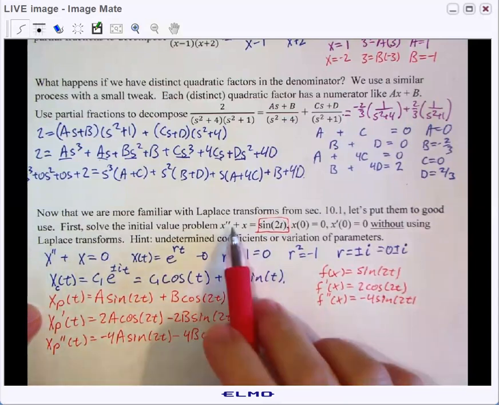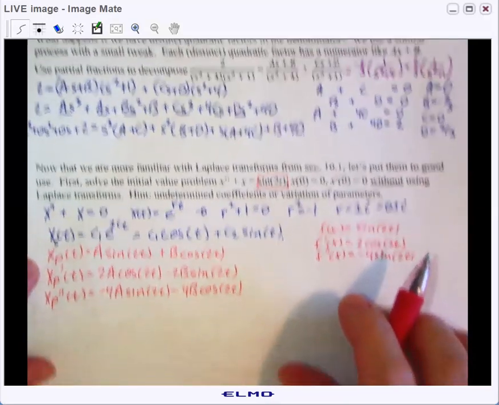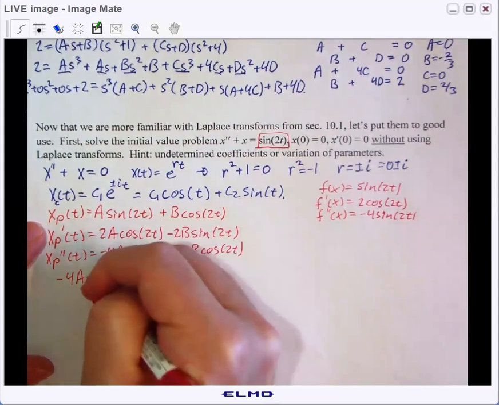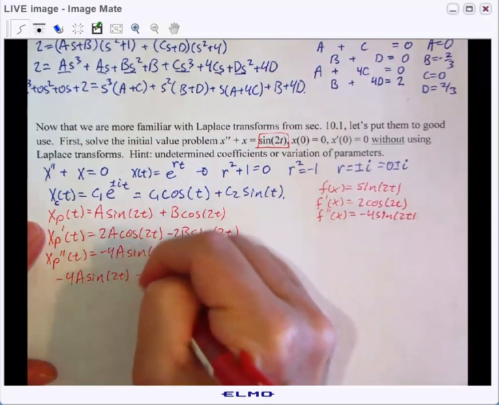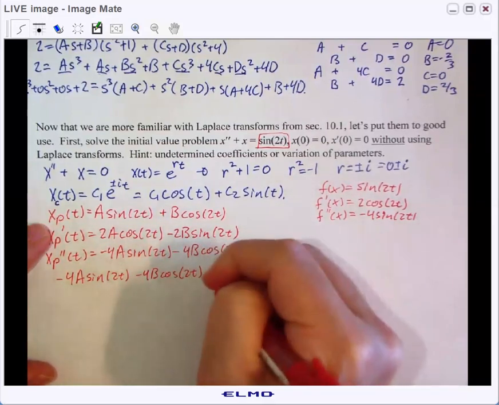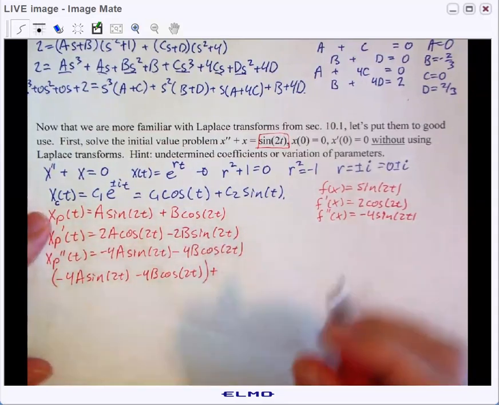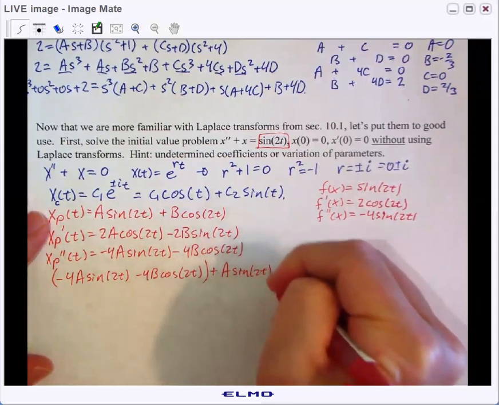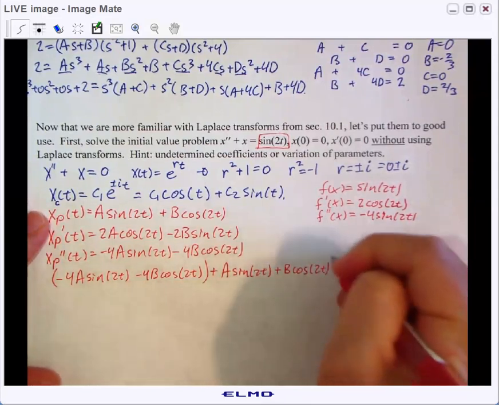Substituting those into our original differential equation, we'll find out that negative 4A sine of 2t minus 4B cosine of 2t, and that's xp double prime, plus xp, which was A sine of 2t plus B cosine of 2t.